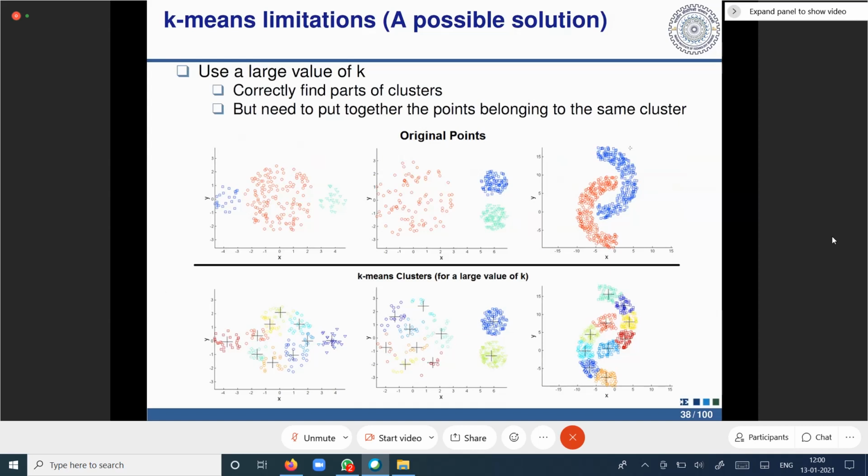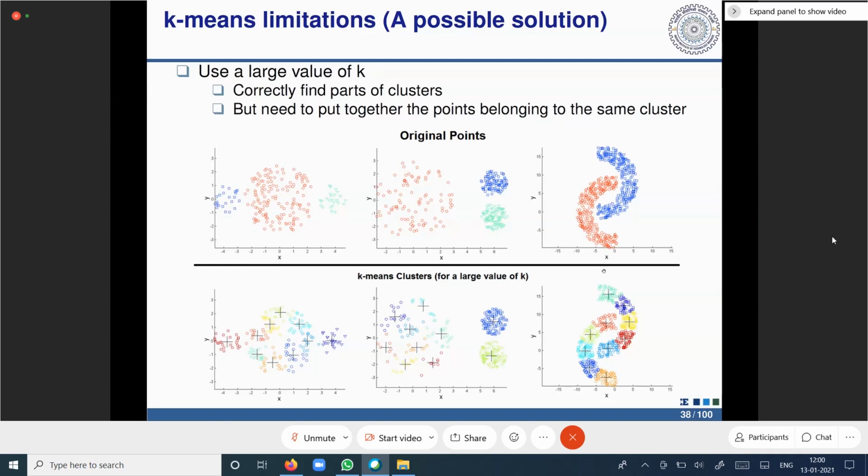All right, so what are the possible solutions? One way is to use a large value of k to find several groups of clusters within it, and then merge the clusters together. But again, this would be a manual thing to do. For example, here we can find 10 clusters in this, and then all these center clusters need to be merged together.